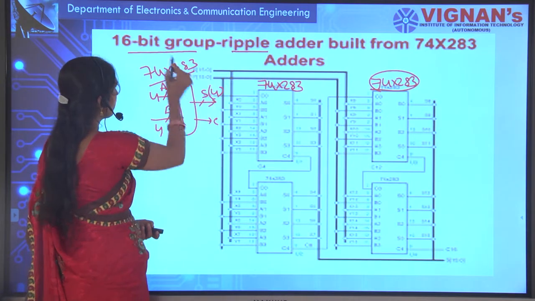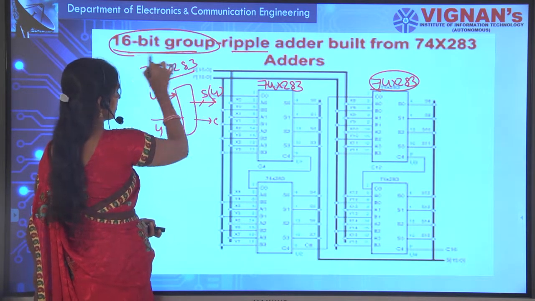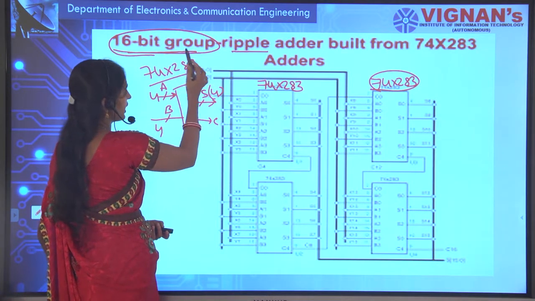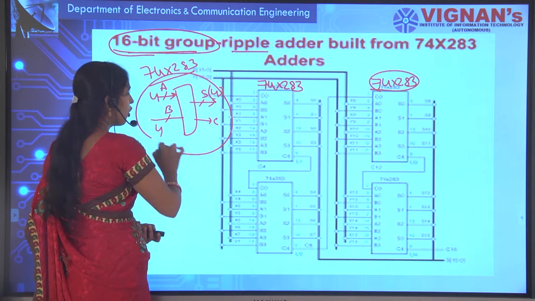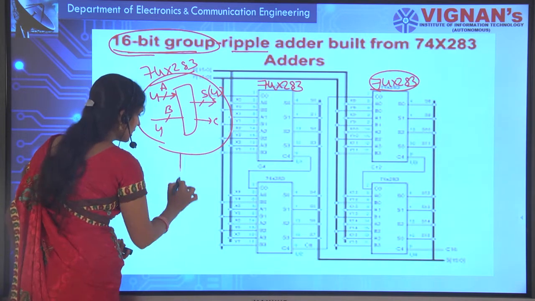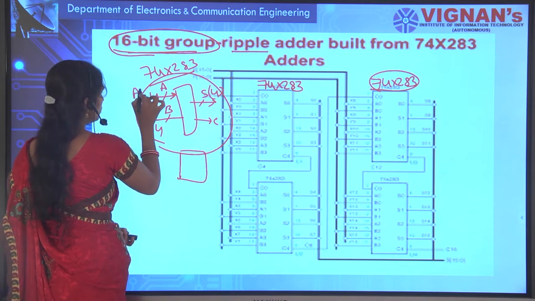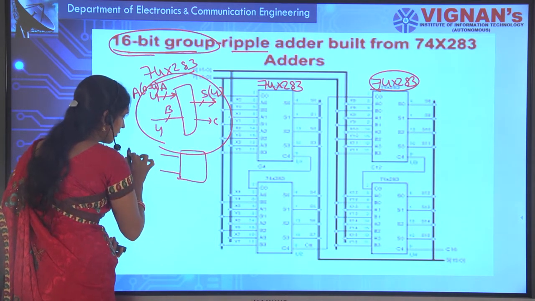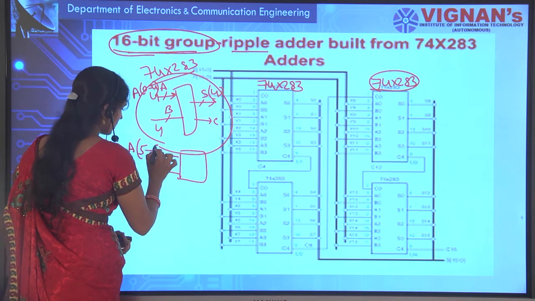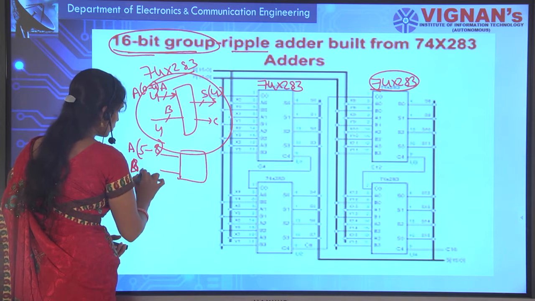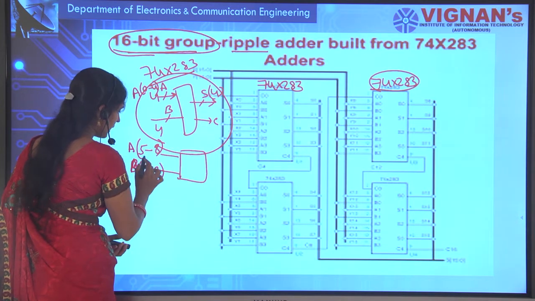So if I want to design a 16-bit adder, I will be taking 4 adders like this. If I take 4 adders like this, the first takes A0 to A3. Again, the next adder will be taking A4 to A7 as well as B4 to B7, like that.